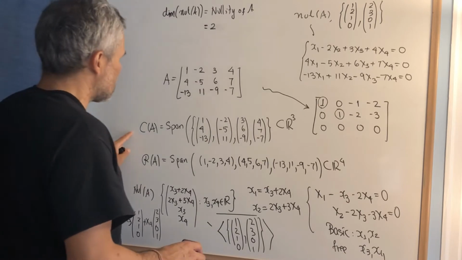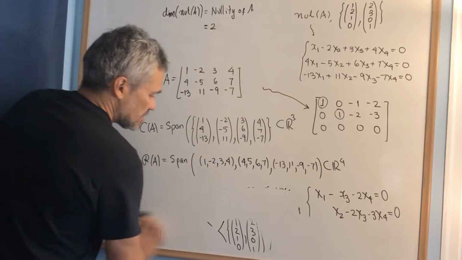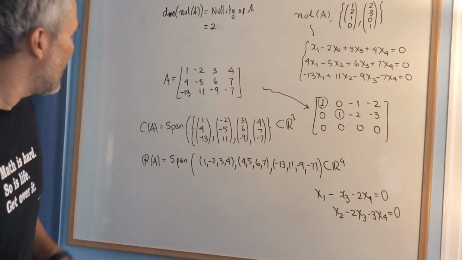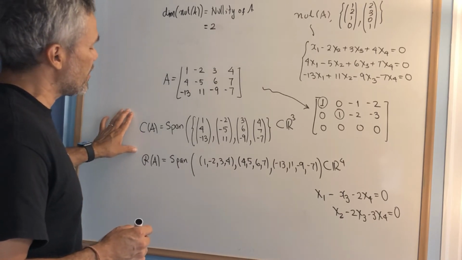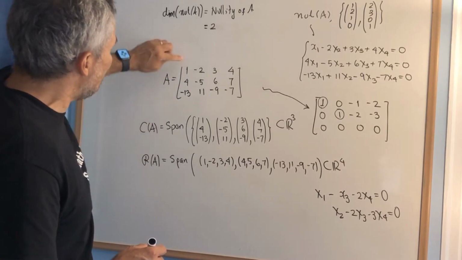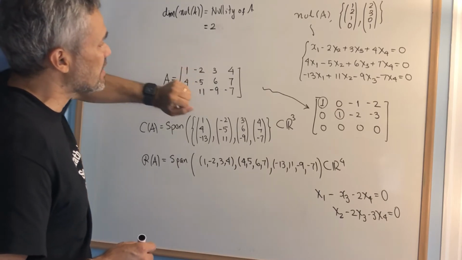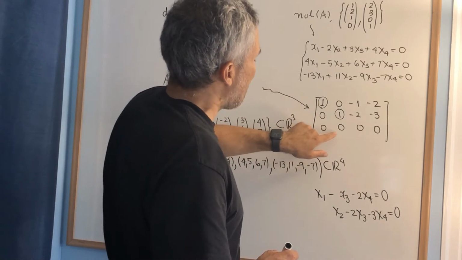Let's compute a basis for the column of A. And let me just give you the answer, and then I will explain why. To compute a basis for the column of A, the only thing that we need to do is select those columns from the original matrix that go with the columns that have a pivot.